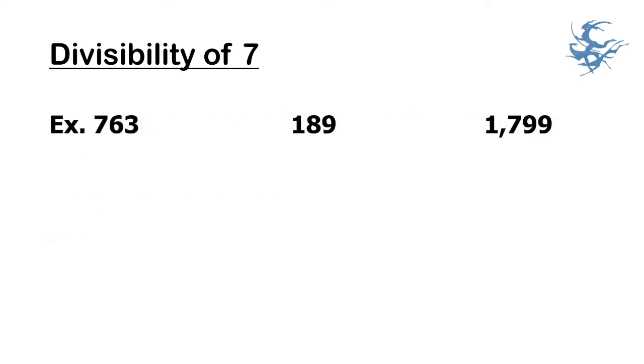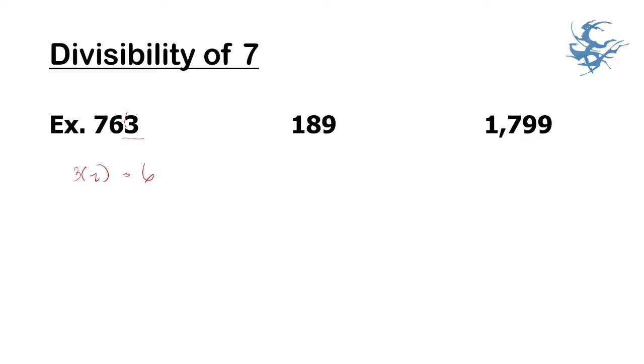So, ang gagawin natin dito, kukunin muna natin yung last digit. In this first example, our last digit is 3. So, ang gagawin natin dyan is, imumultiply lang natin siya sa 2. So, 3 times 2, we're gonna get 6. Okay? Next, isasubtract lang natin siya sa remaining part of the number.